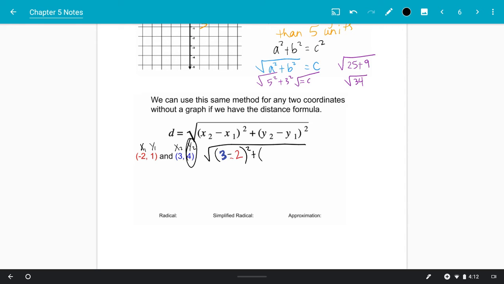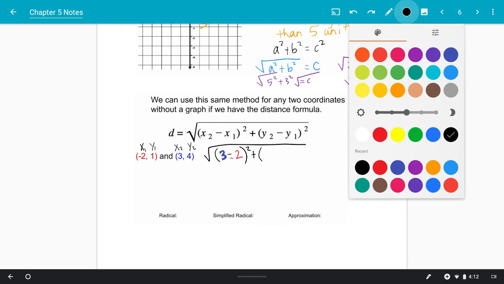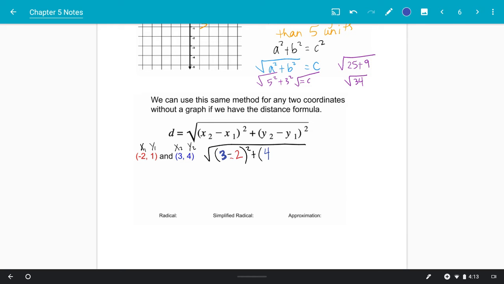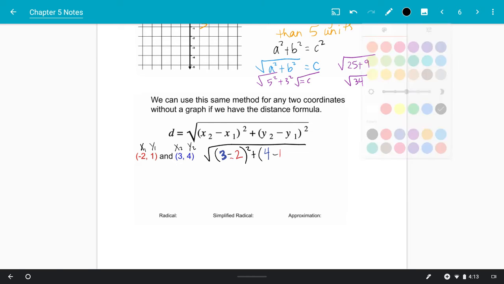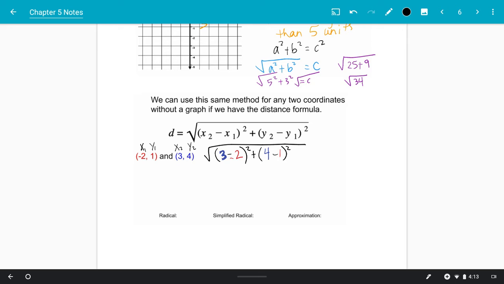Y2 is right here. This is 4, my second y, minus y1, which is 1. Okay, I'm going to close that and square it.